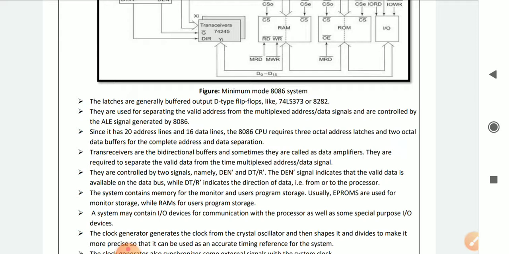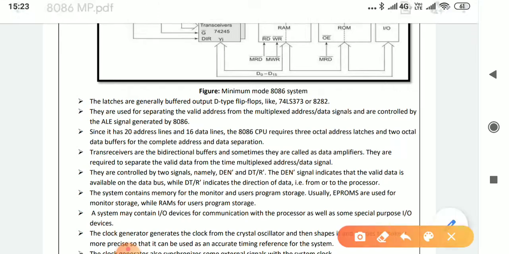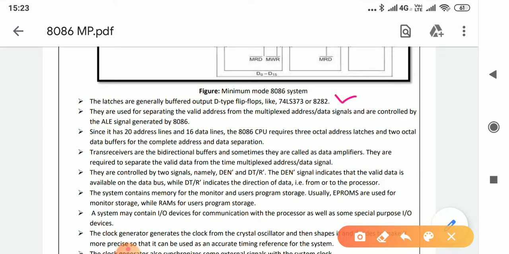So latches are always made from the D type flip flop. Okay, and the IC number for this is given here, 74LS373 or 8282. They are used for separating the valid address from the multiplexed address data signals and are controlled by the ALE signal generated by 8086.